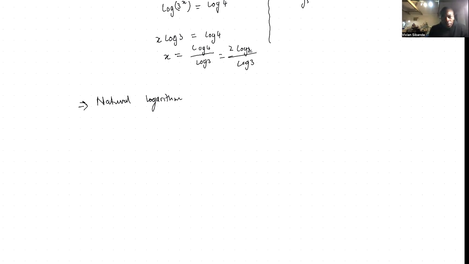It has to do with e, which is Euler's number. So if you have log of base e of x, this is the same as ln of x. That's what it is, exactly like that.